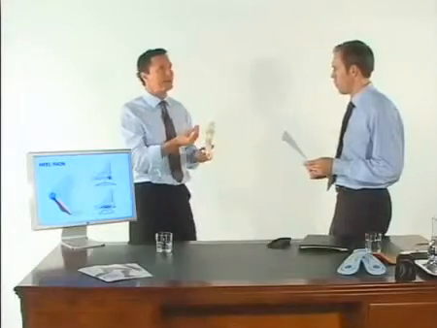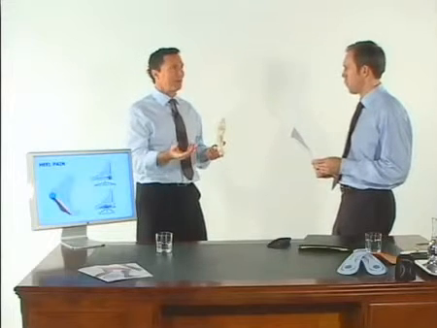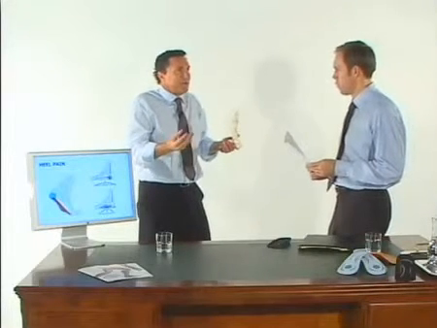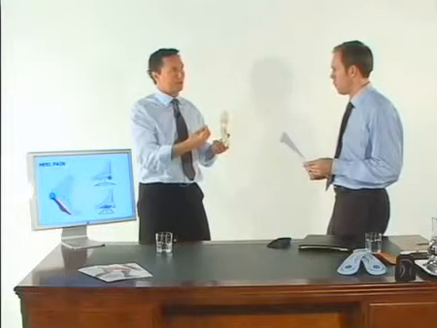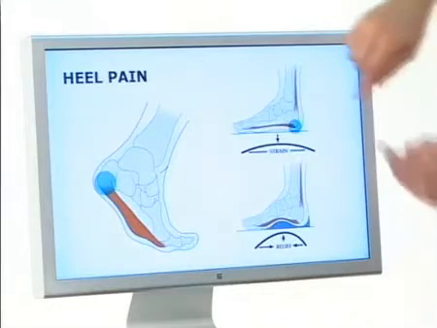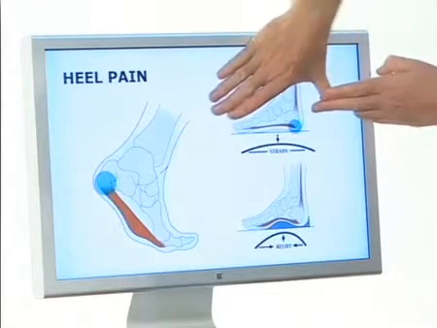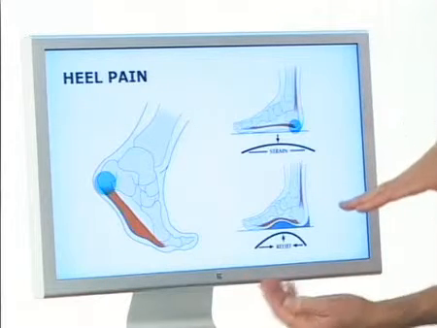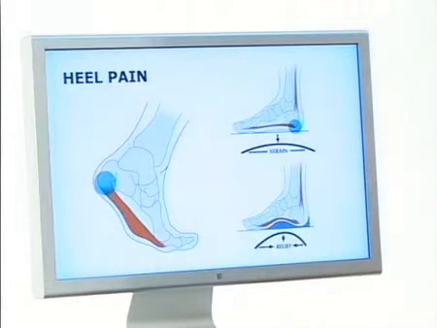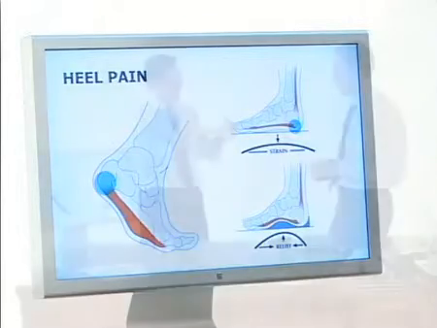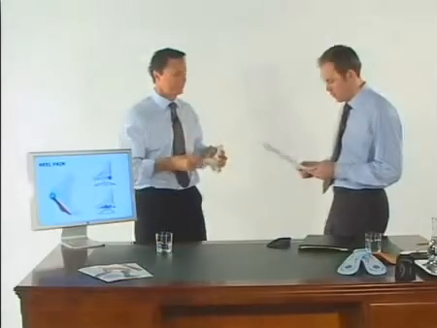So in actual fact, removing a spur or something like that is just not necessary, because it's a compensation for the plantar fasciitis, and we treat the spur similarly as we do plantar fasciitis by re-correcting the foot, having the arch increase in height, and we take the strain off the plantar fascia, and that takes away the cause here. Okay.